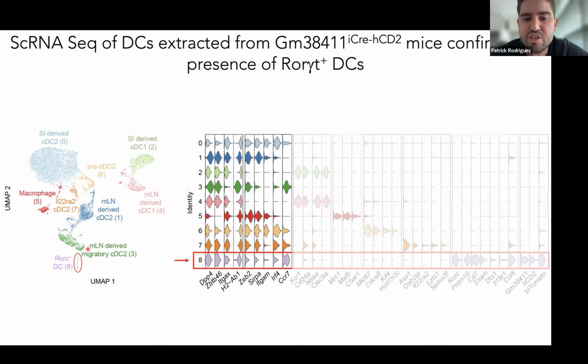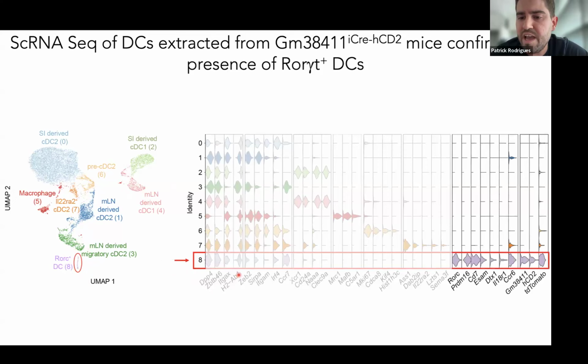As you can see, they share a lot of genes with dendritic cells, such as DPP4, ZBTB46, CD11c, and MHC2, but they also express genes known to be very specific for the Rorg-T DCs, like, for example, RORC, PRDM16, as well as IL-18 receptor 1 and CCR6.